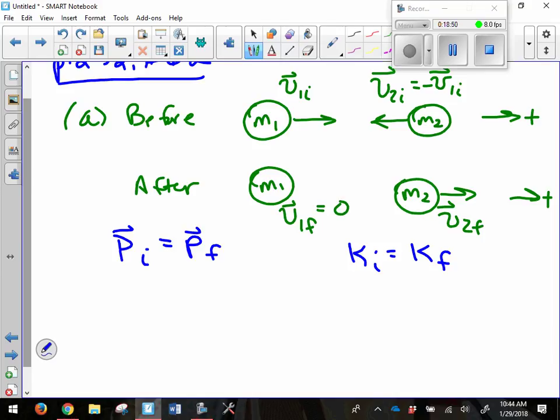Now, what's the equation for kinetic energy? 1/2 mv squared. So I don't want to have to deal with squaring my v's if I don't have to. You want to keep it simple. So let's start with the conservation of momentum equation. That tells me a lot of things. There's actually one other thing that I know for elastic collisions.